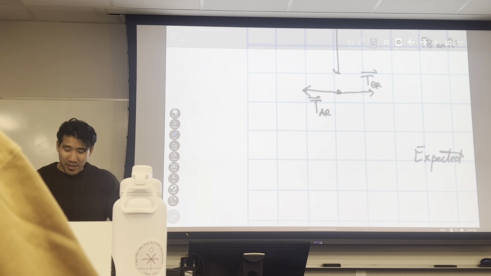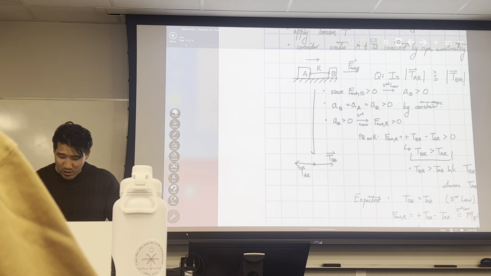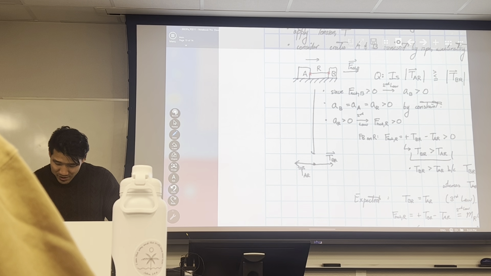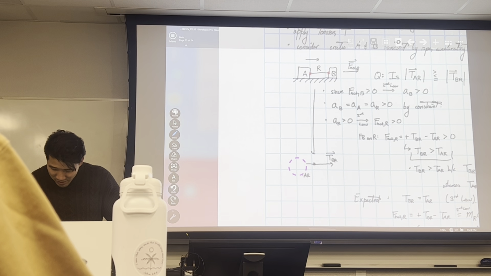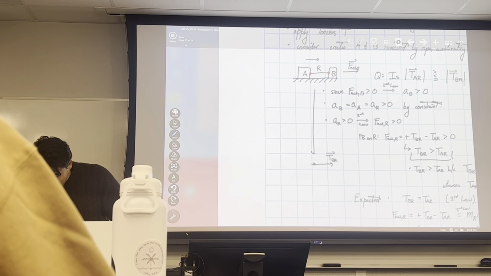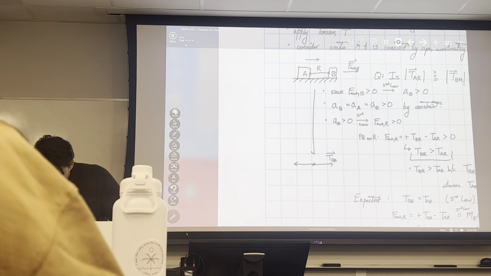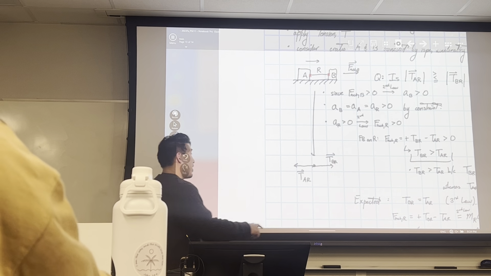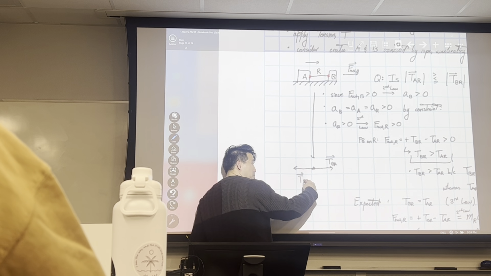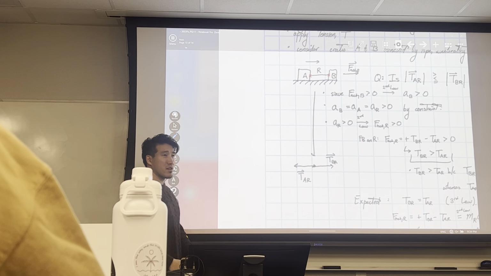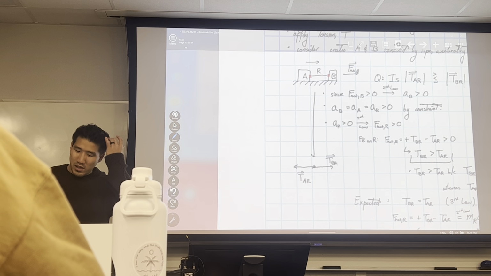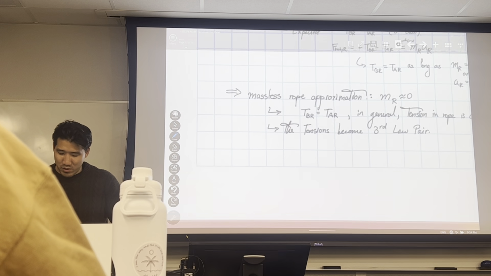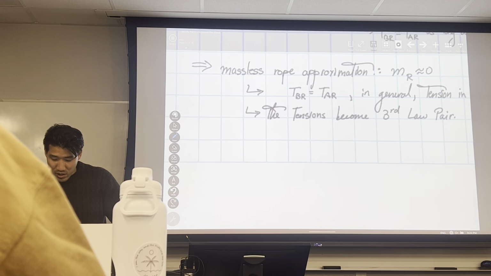So when we look at this free body diagram of the rope, notice, well, I didn't draw it in a good fashion, but this is equal but opposite of that, right? These are considered to be opposite pairs, Newton's third law pairs.